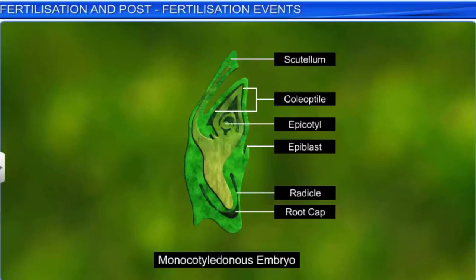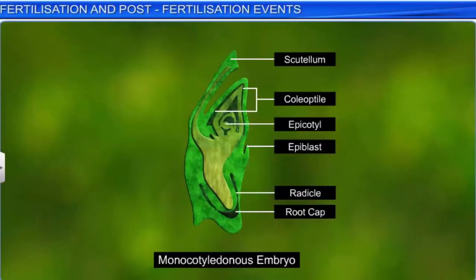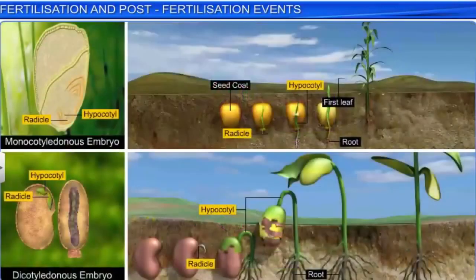The epicotyl has a shoot apex and a few leaf primordia enclosed in the coleoptile, a hollow foliar structure. The lower end of the embryonal axis has the radicle and root cap covered in an undifferentiated sheath called the coleorhiza. Interestingly, the various parts of the embryo develop differently as the seed germinates.